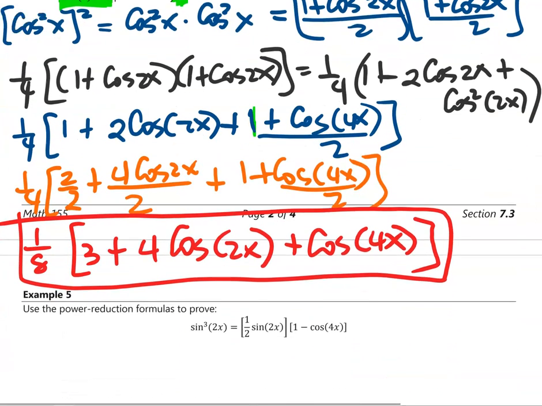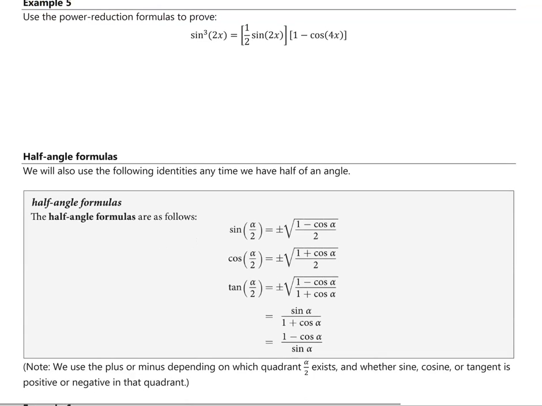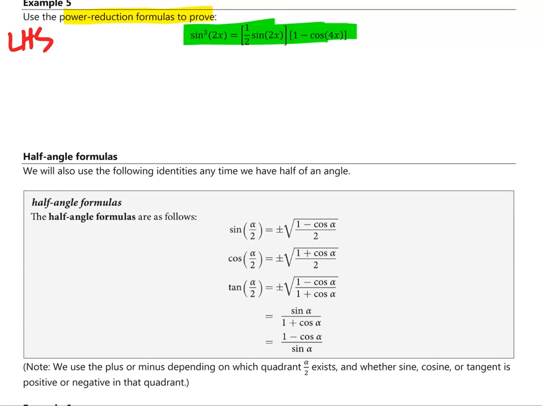Okay, let's try another example. Example number 5. Use power reduction formulas to prove sine cubed 2x is equal to 1/2 sine 2x times 1 minus cosine 4x. So let's use again the left hand side for this. Sine cubed 2x, we can rewrite that as sine squared 2x times sine of 2x.